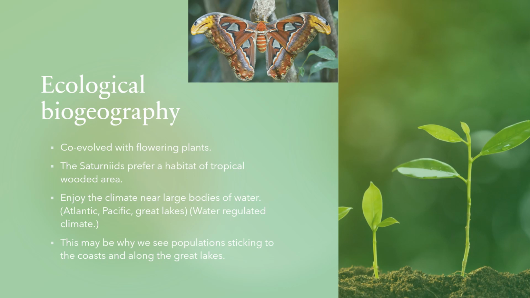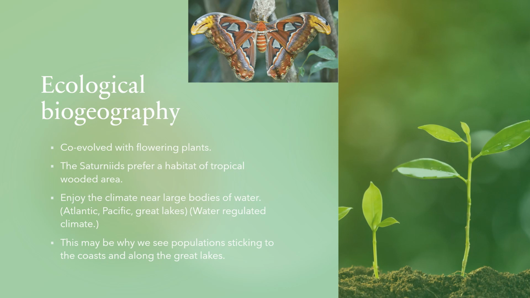Alright, now for a bit on the ecological biogeography. These guys, as I've been saying before, prefer habitat in a sort of tropical wooded area. Well, that is, they enjoy the climate near large bodies of water, I found. So the Atlantic, the Pacific Ocean, and the Great Lakes, as we saw on those maps up there.